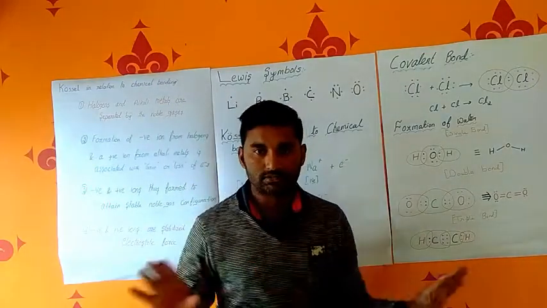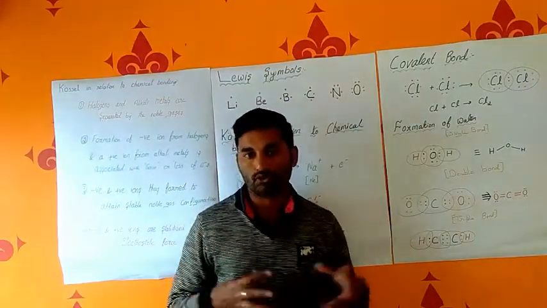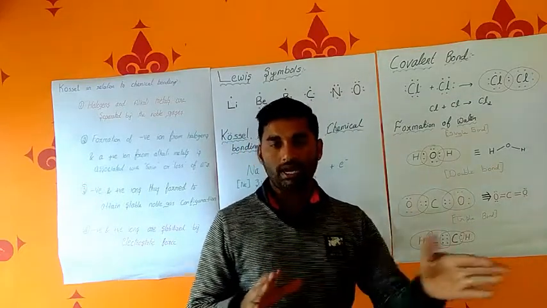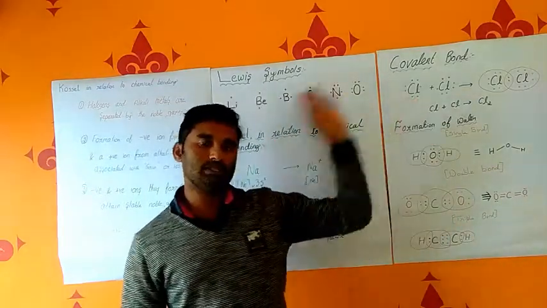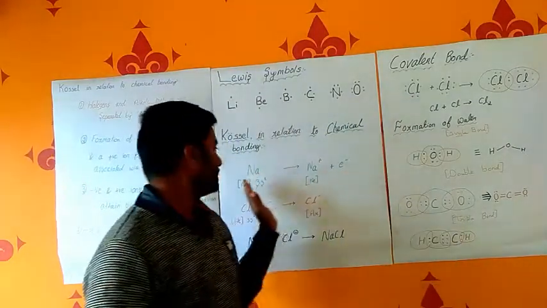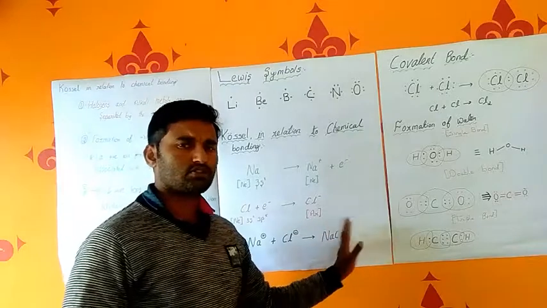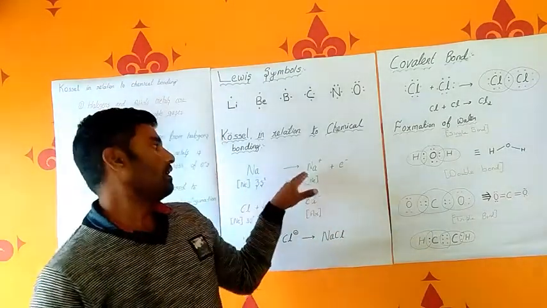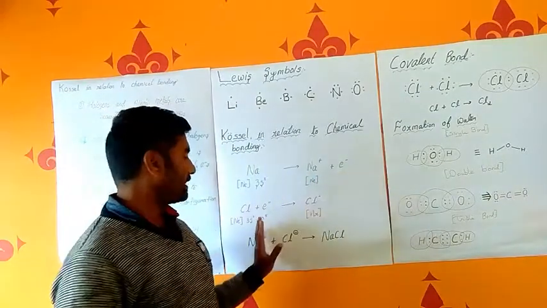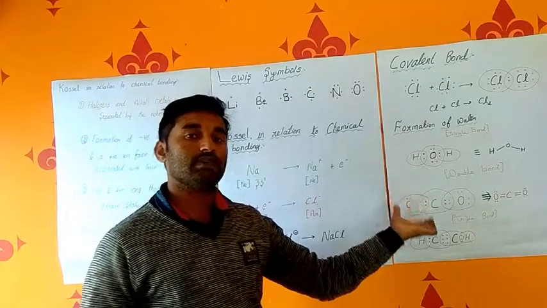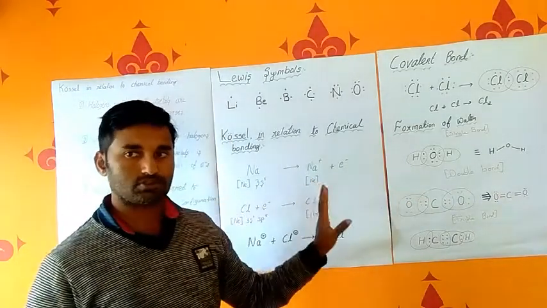A covalent bond is also a strong force which keeps atoms together, and these kinds of bonds form by sharing of electrons. The strong electrostatic force formed in the case of alkali metals and halogens is by transferring and receiving of electrons.